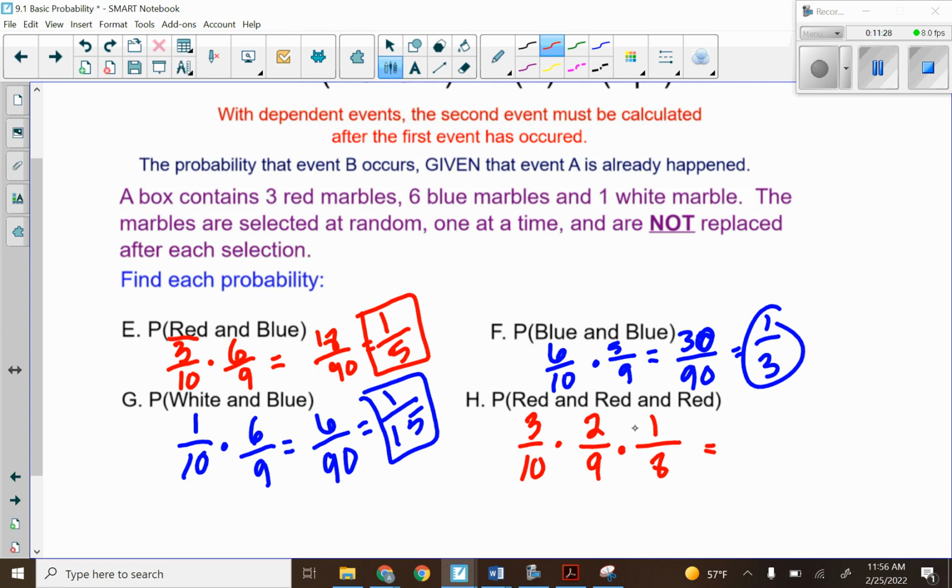So 3 times 2 is 6, times 1 is 6, over 10 times 9 times 8 is 720, which then reduces to 1 out of 120. So the chances of drawing 3 red marbles in a row is very small.